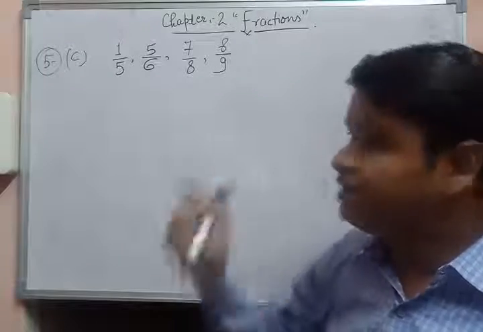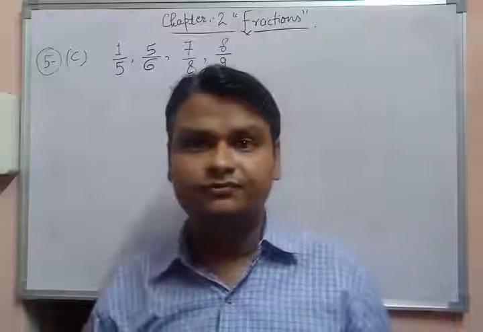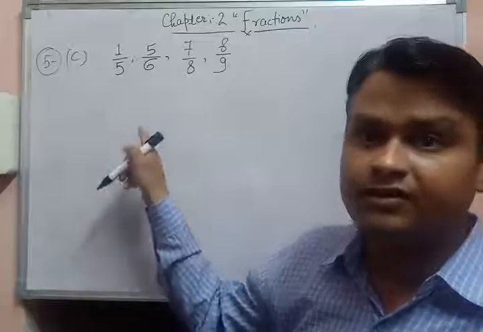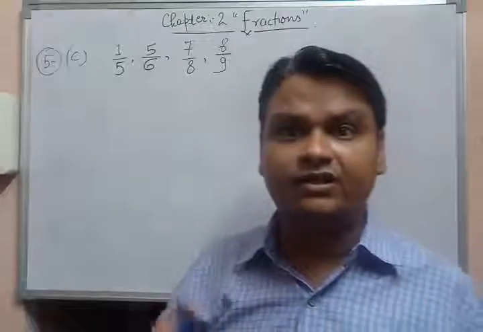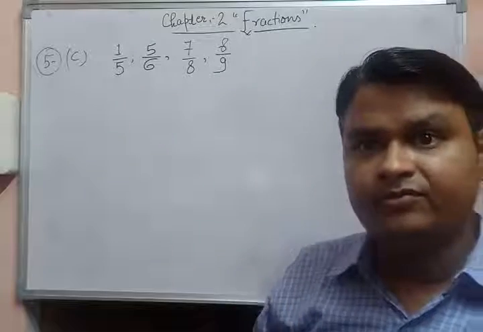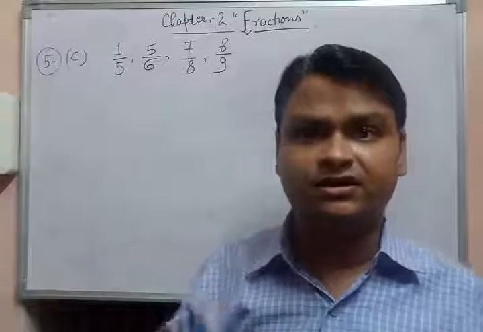It means first of all you have to make all the fractions into like fractions. After that you have to compare them or arrange them in ascending or descending order.